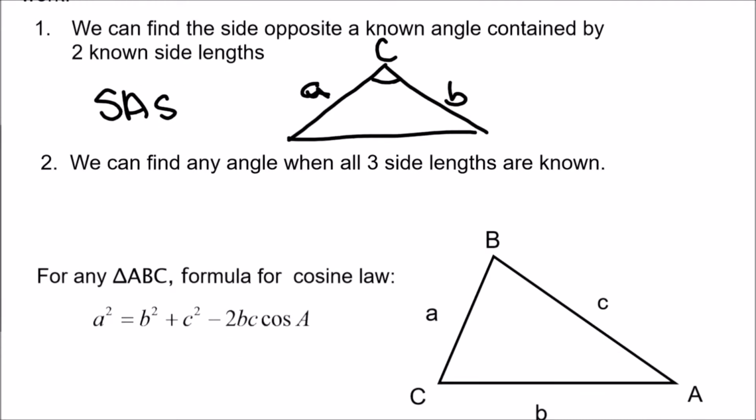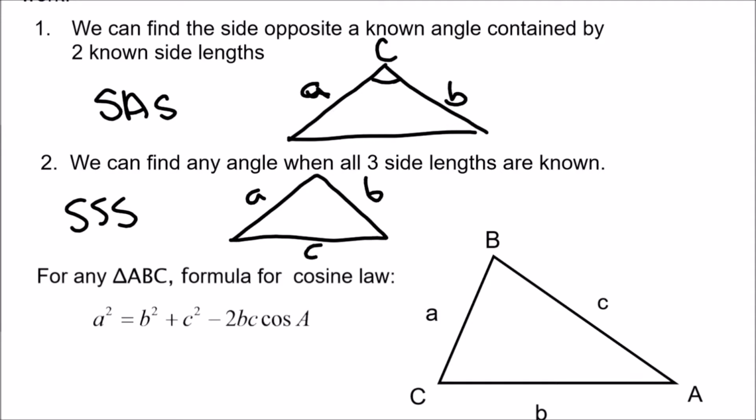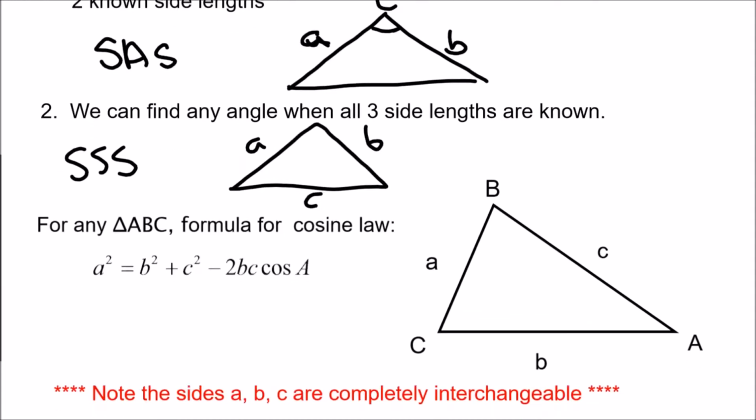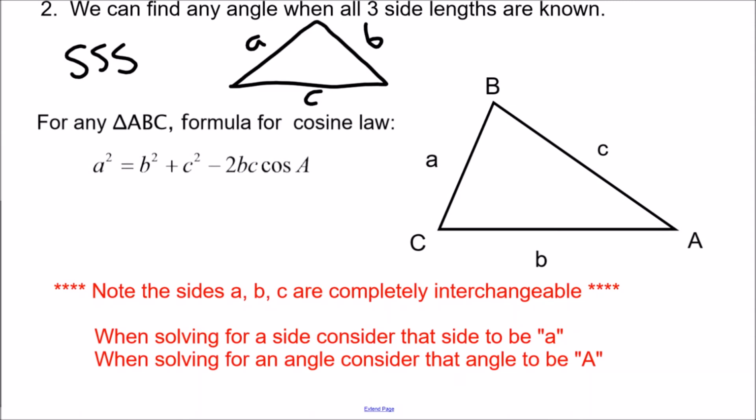Or we can also see a side side side triangle where I know all three side lengths. So again, I have no pairs because I don't have any angles, but I still have three pieces of information for this triangle. So for any triangle ABC, and again, we can adjust these variables depending on the triangle we're working with, but we have this formula.